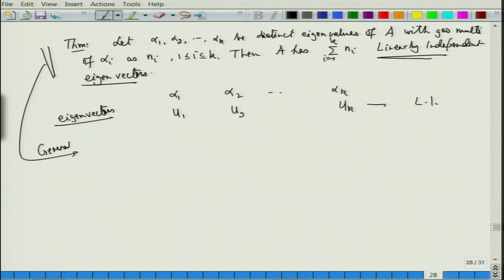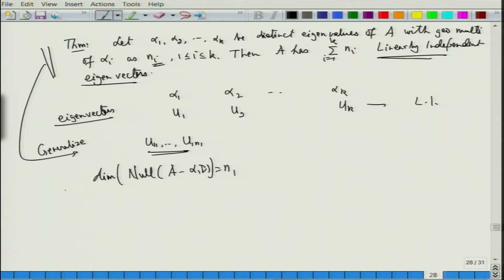So, what we are saying is that if I pick here eigenvectors as u11 till u1n1, because there are n1 eigenvectors here, that is, the dimension of the null space of A minus alpha 1 I is equal to n1.